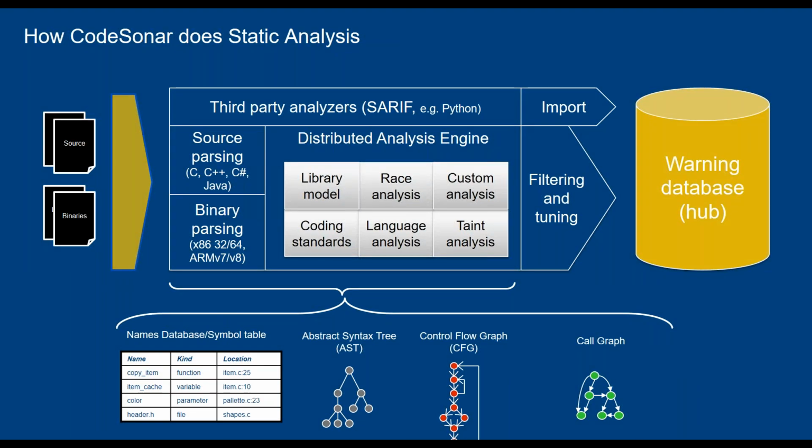Basically, you take your source code or binary code, run a lot of checkers, and put the results in a database in order to store them. With the results in a database, you can filter and annotate them, keep track of different builds, and see trends in the software.